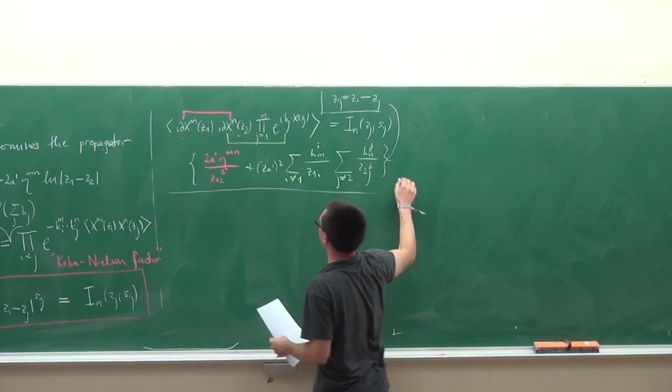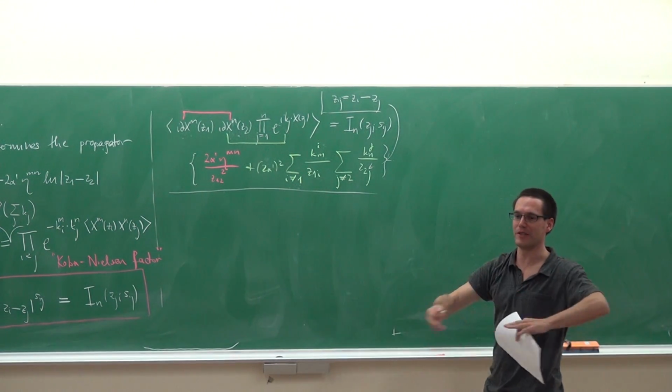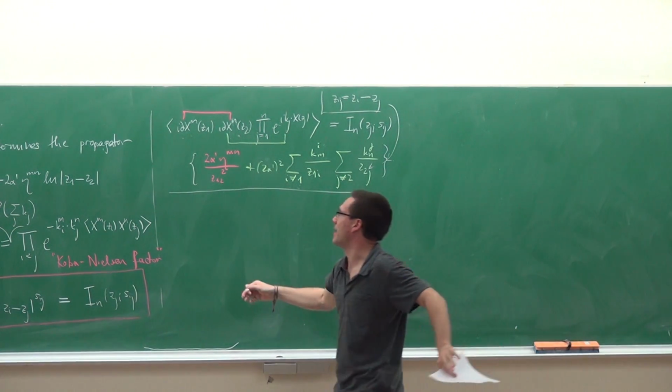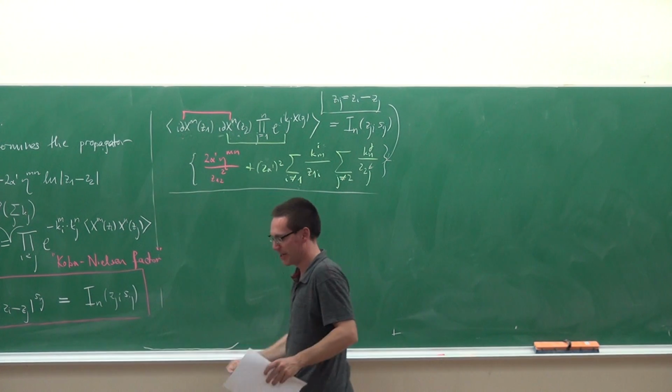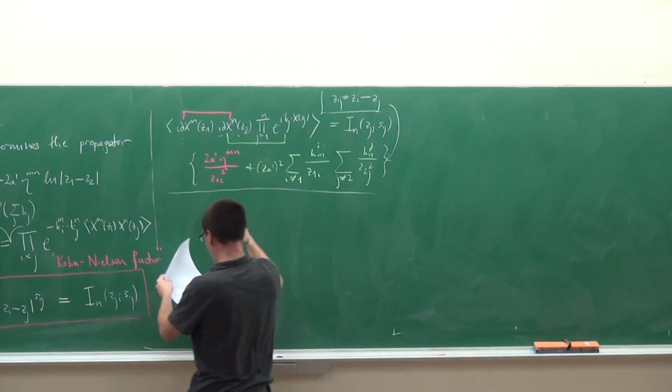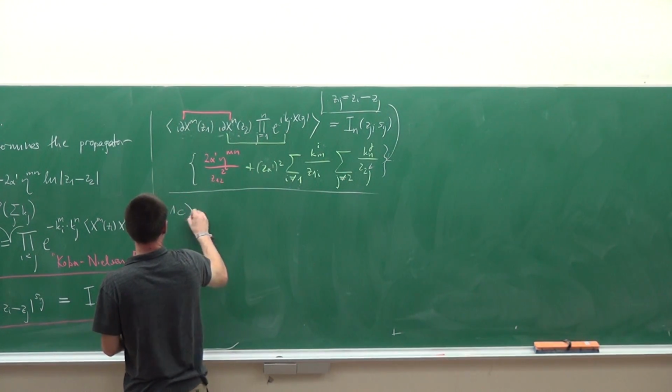In the end, you can iterate this procedure to compute correlation functions of arbitrary length, arbitrary numbers of such dx insertions. That's all we need to address the gluon.